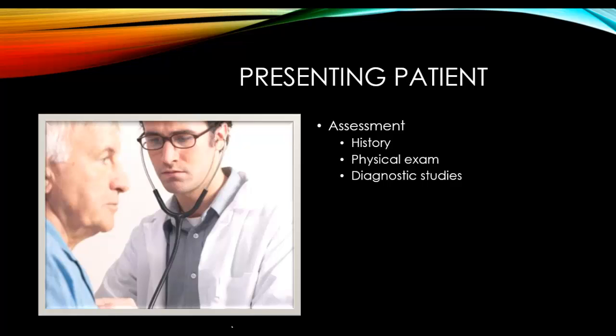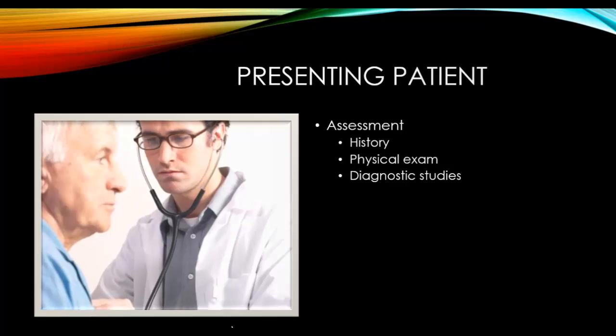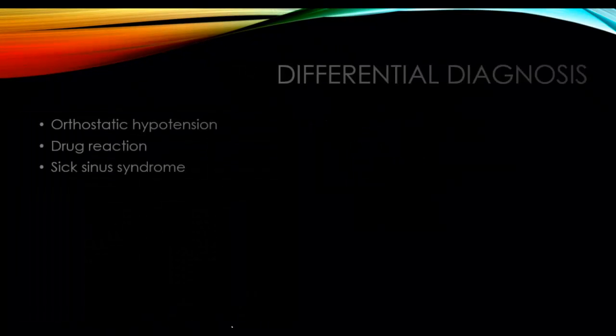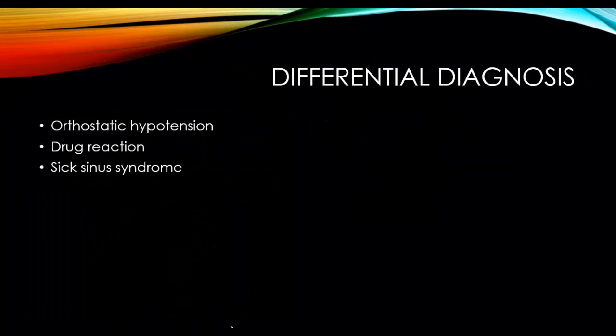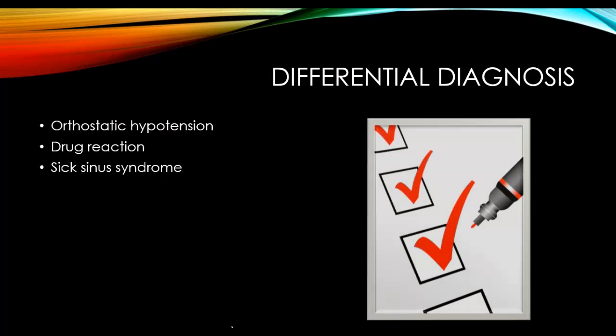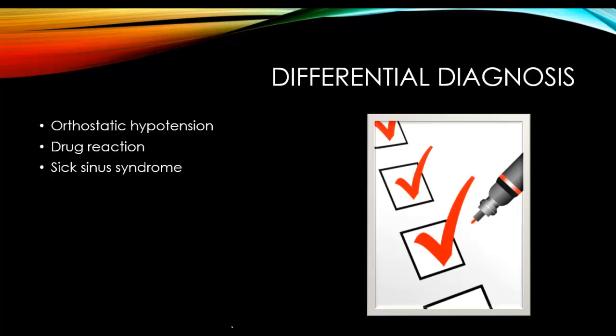You can do EP studies, brain imaging like a CT or MRI, or you can also do a carotid Doppler if they have bruits to sort of rule out any kind of cerebral insufficiency that you may see in a patient. Now, when we are looking at differential diagnosis, obviously with syncope being so vast, you're going to be able to go in any direction.